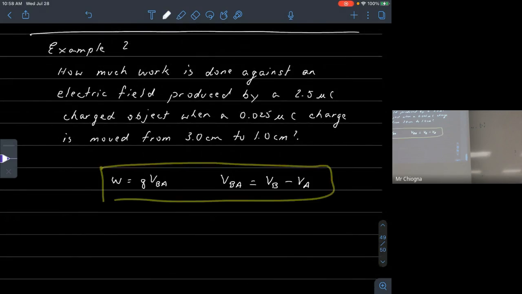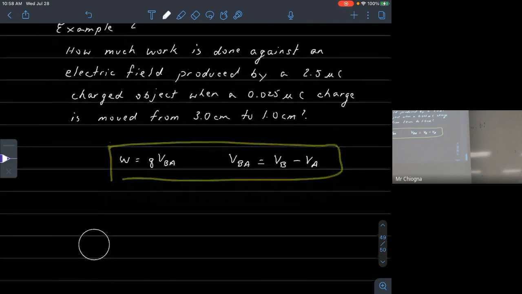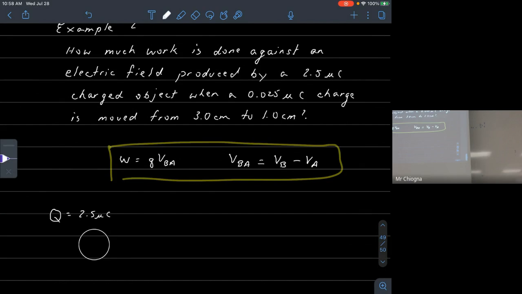So you've got a charge, and 2.5. This is your Q, big Q. It's important you get this right, upper and lowercase. That's 2.5. That's stationary. That just sits there.